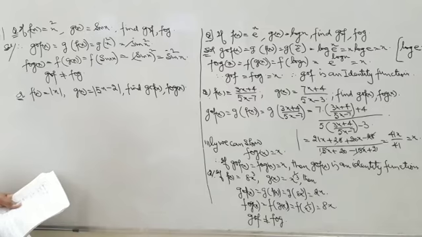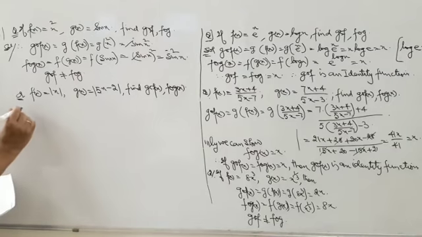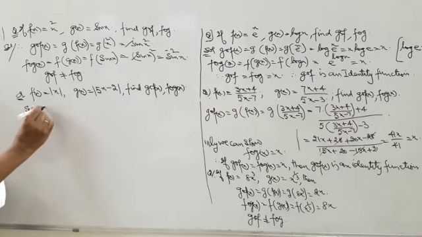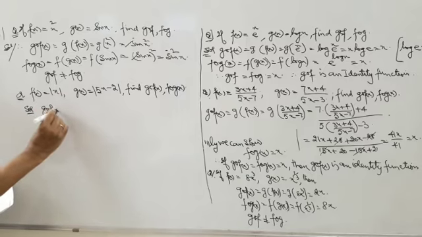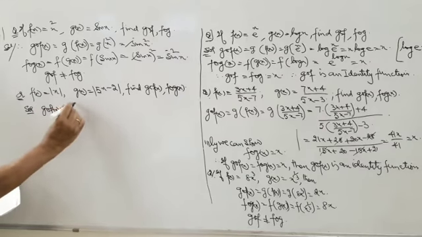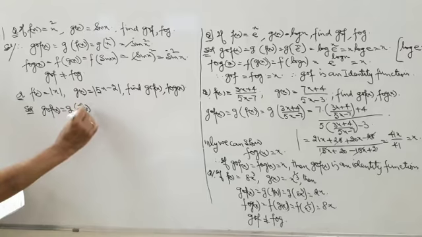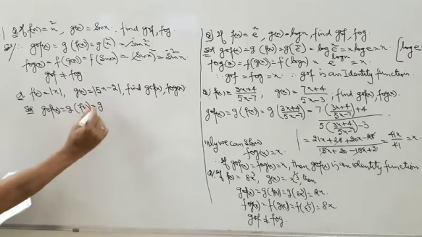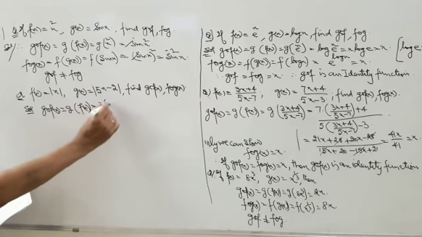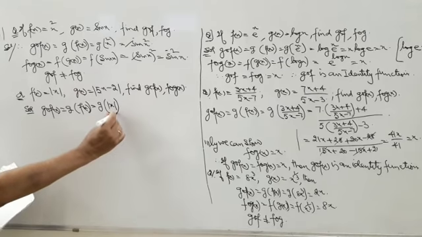Look, as before, in the solution you can add g circle f(x) is g of f(x). g of f(x) is g of modulus x, like this.